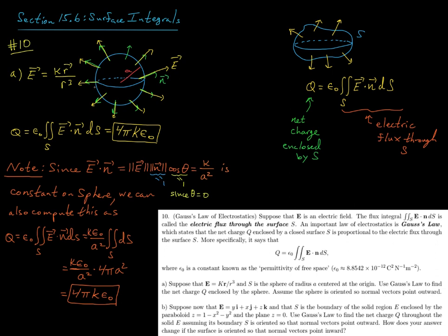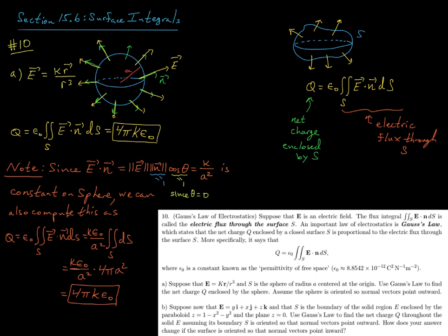And the magnitude of our electric field along the sphere of radius a is what? If I take the magnitude of the position vector r, that just has magnitude a, so I get a over a cubed, which is 1 over a squared, and that's going to get multiplied by k. So this dot product is k over a squared, and in particular, this dot product is constant on the sphere.